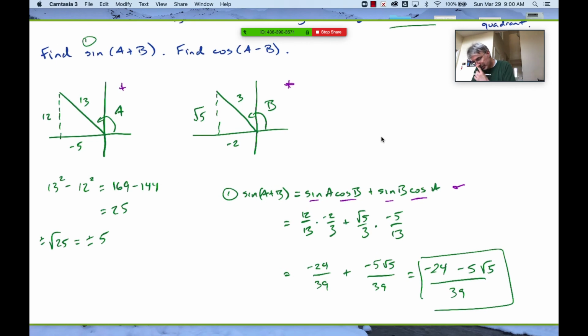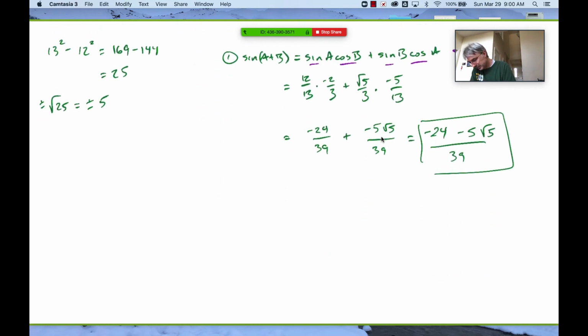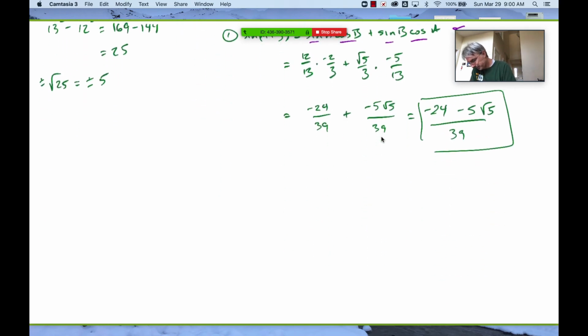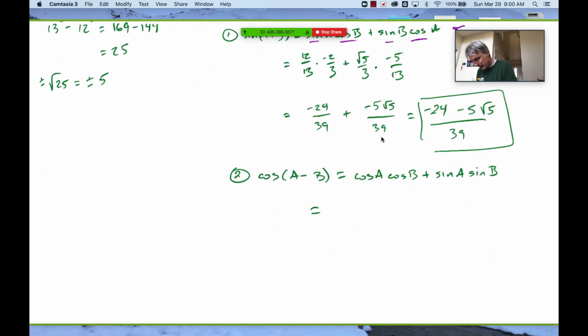The second example I put up here, cosine of A minus B. So the identity for cosine of A minus B is going to be cosine A cosine B plus sine A sine B. So cosine A, negative 5 over 13.